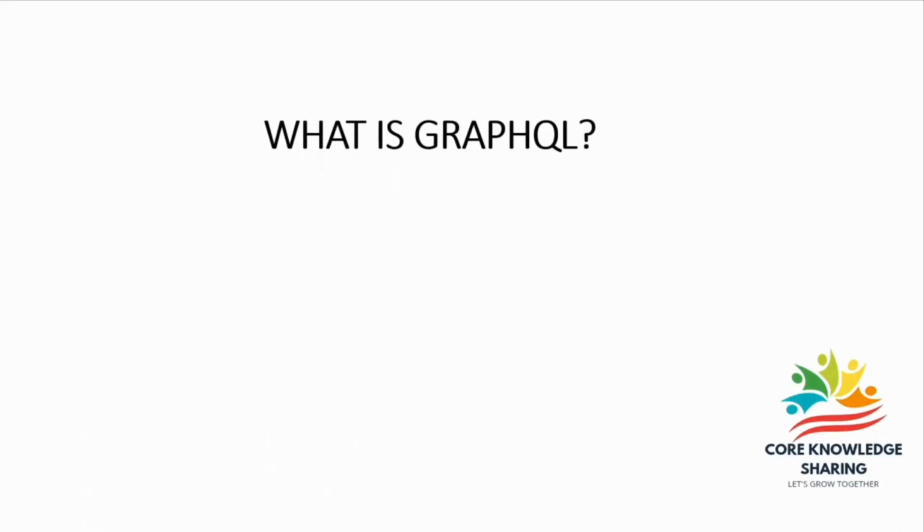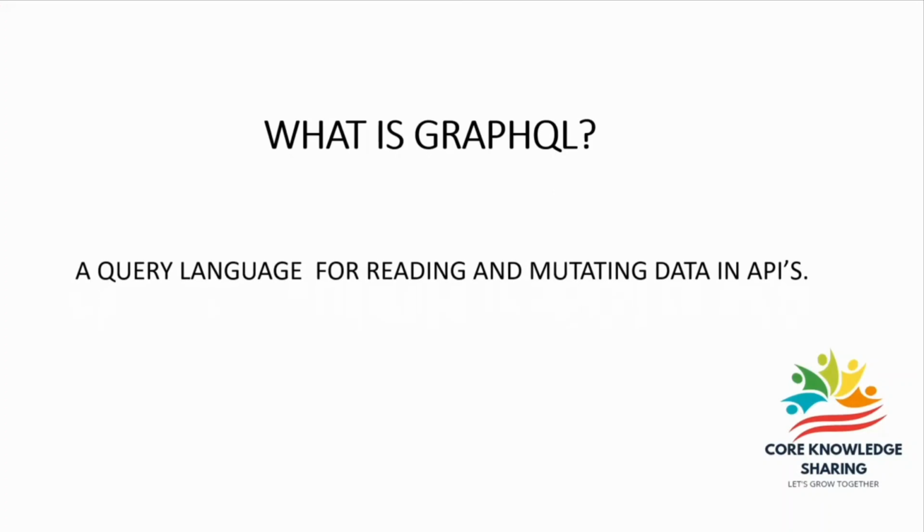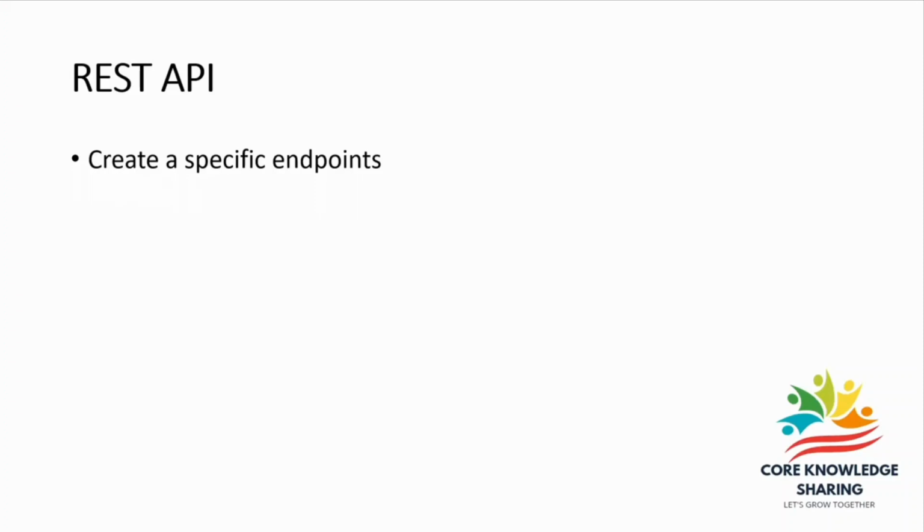What is GraphQL? GraphQL is a query language for your APIs. But why are we using GraphQL when we have had REST APIs available for decades? In traditional REST APIs, when you need to retrieve a particular type of data, you create a specific API endpoint or a specific type of DTO that will return a specific response.